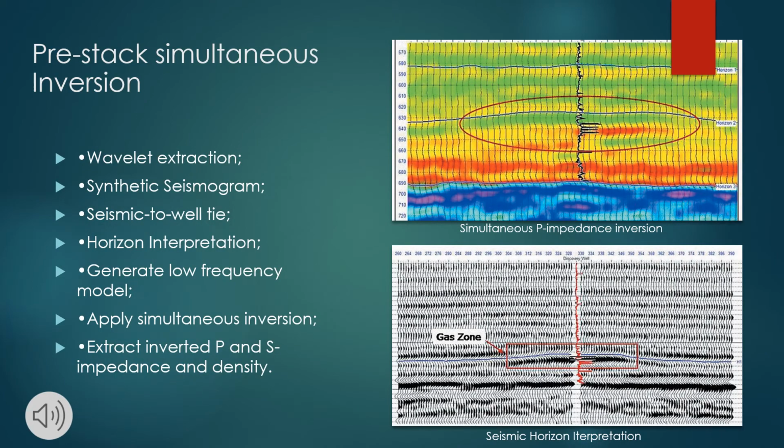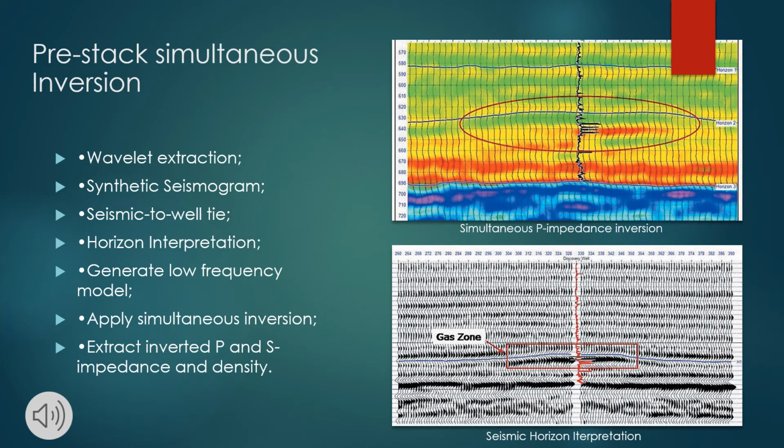We then proceed to prepare the seismic data to apply the pre-stack simultaneous inversion. The first step is wavelet extraction. We expect the pre-stack seismic data to experience continuous loss of high frequency energy from near to far offset, and each CDP gather will be identified by different wavelets. We then use the sonic and density logs to generate the synthetic seismogram.